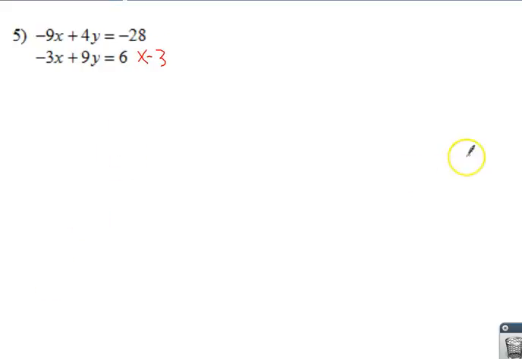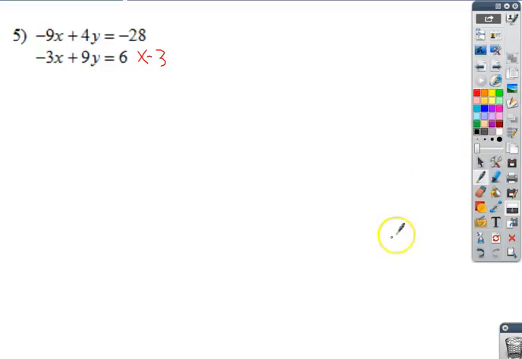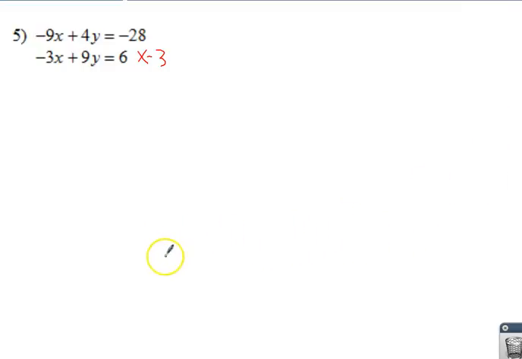I could go after the y's, but that would be a little harder because I'd have to multiply the top equation by a 9 or a -9, and the bottom equation by a 4 or a -4, depending. And I really just want to avoid doing all that messy legwork. Doesn't mean I can't, just means I don't really want to.